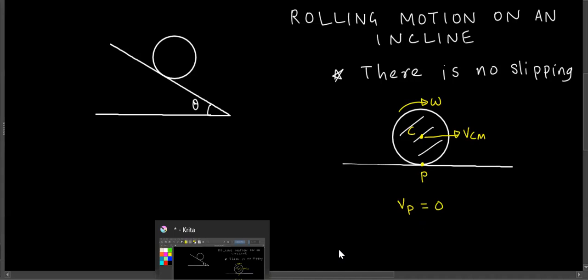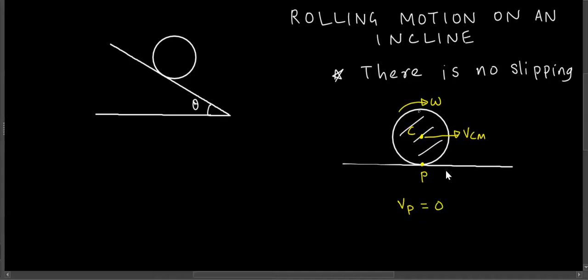And we saw that this point of contact has two velocities. One, it will have the center of mass velocity to the right anyway, because the object has it. And in addition to that, there is a tangential velocity to the left.